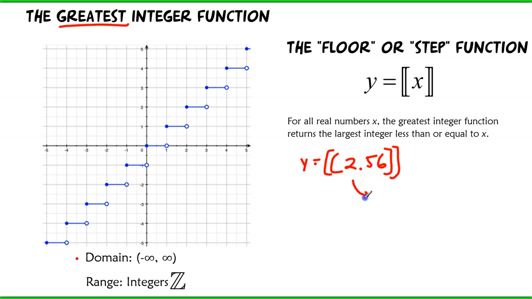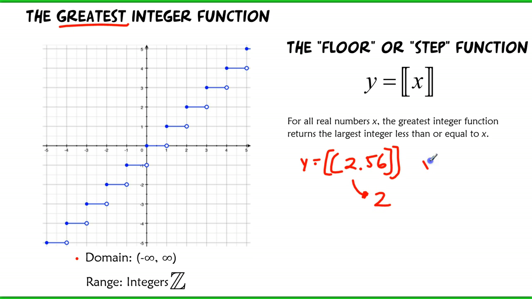The output of this is supposed to be the largest integer that is less than this number or equal to it. So the largest integer that's less than this number or equal to it is actually the number 2, which I think intuitively kind of makes no sense when it says greatest, right? Because this number is actually not bigger than this number here. It's going to truncate that value and give you just 2.